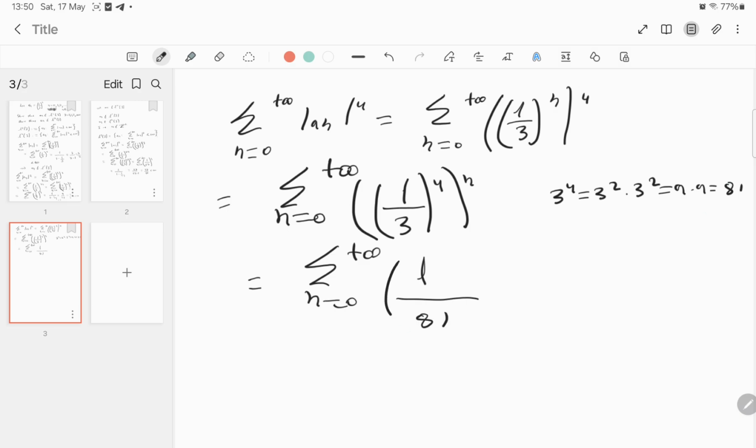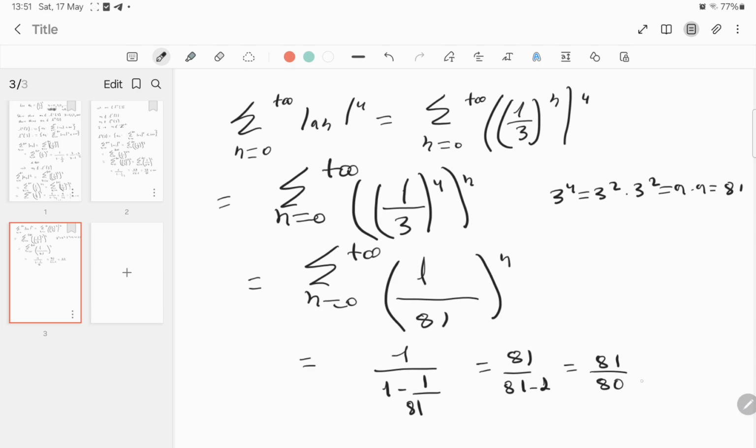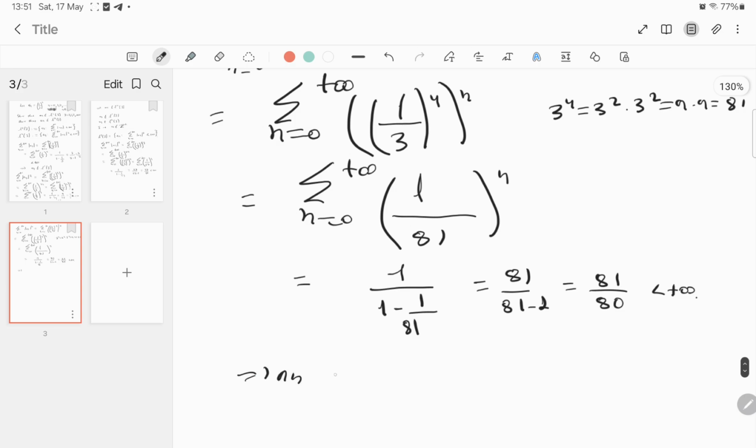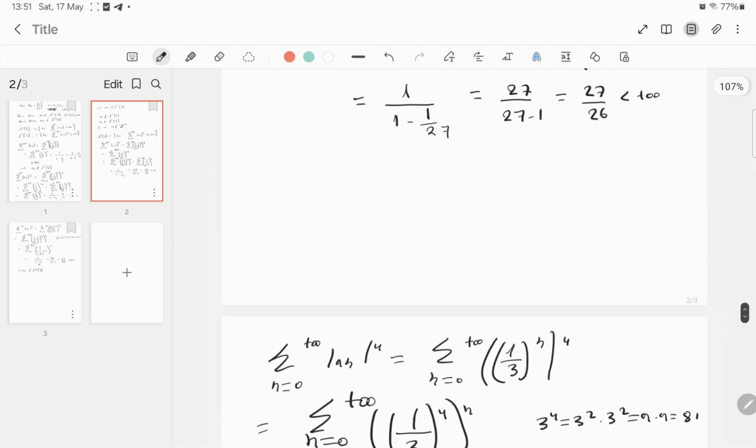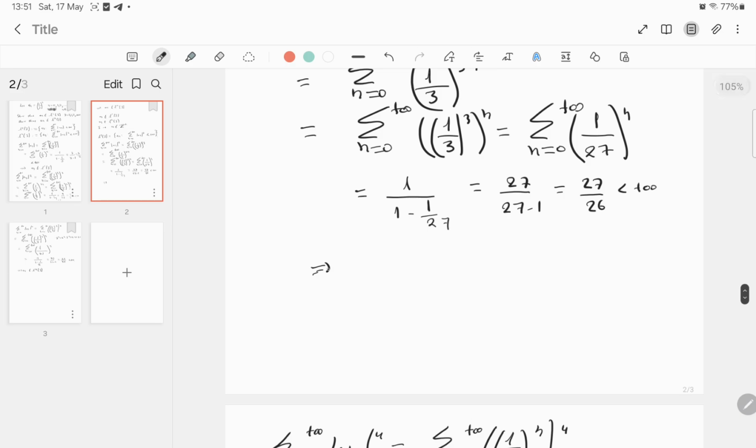One over 81 to the power of n. It's an infinite geometric series. That's 81 over 80, which is less than infinity, and that means that a_n belongs to little l4 space. And here a_n, the sequence, belongs to little l3 space.